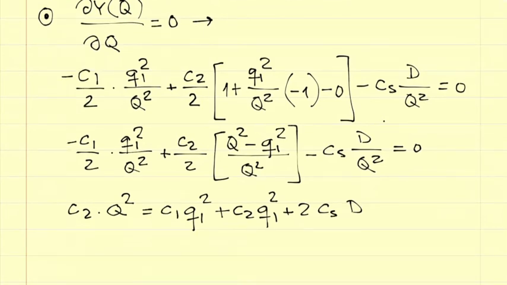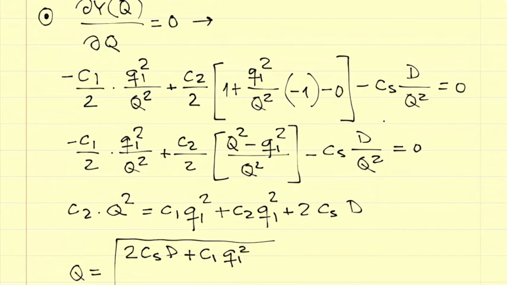As a result, we get that the best Q is 2CS times D plus C1 Q1 square divided by C2 plus Q1 square.